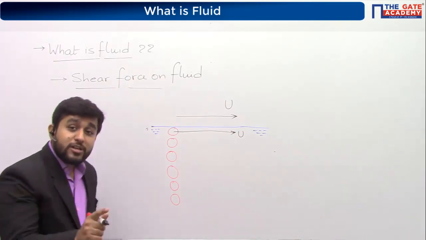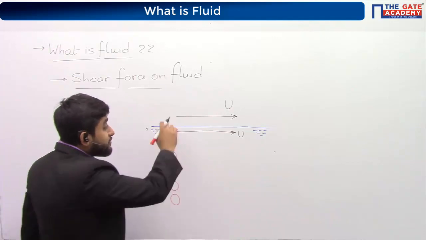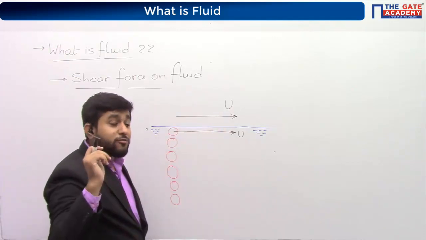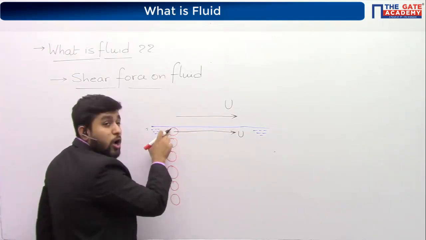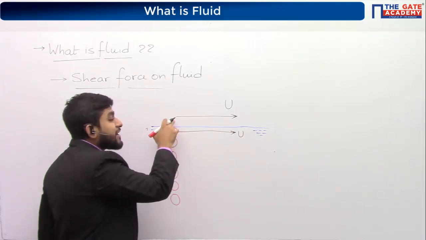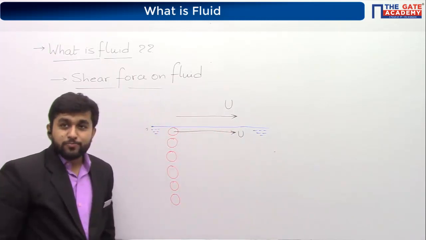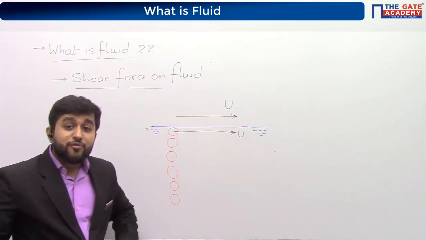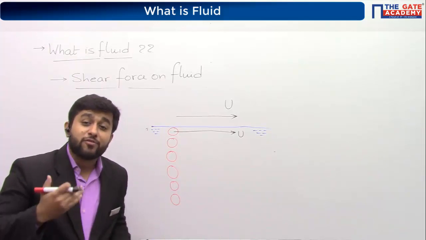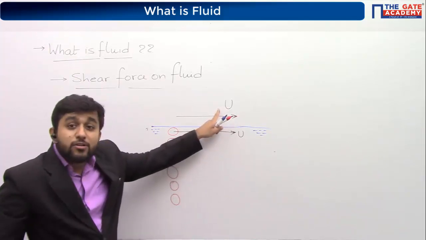Now what he observed from the experiment is that if the plate was moving ahead with the speed of u meter per second, then this topmost particle, which is in direct contact with the plate, is also moving with the same speed. Now maybe Newton performed this experiment with different fluids and at different values of u.